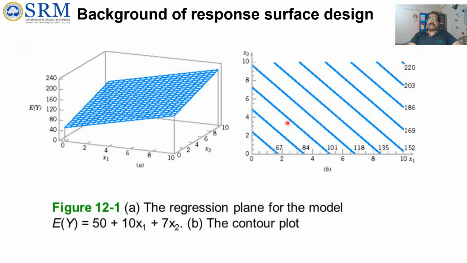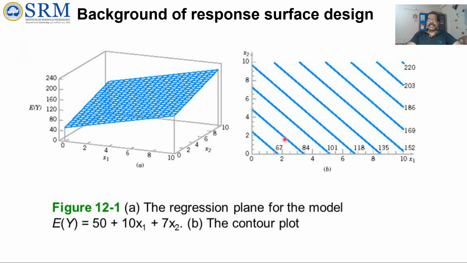What does it mean in this contour plot? For example, this is the response value 84, and here 4 is the x1 factor, and another 4 point something is the x2 factor. Along this line, throughout this line, the response value of 84 will be the same.